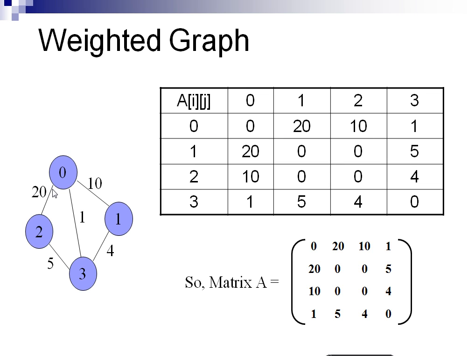See here, from 0 to 1 there is an edge having weight 10. Sorry, there is some mistake here. 0 to 1, see, 20 should be here and 10 should be here. Okay. And from 1 to, see, if you look, from 0 to 3 there exists an edge having weight 1, right?